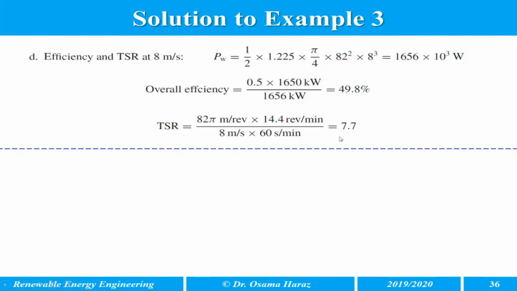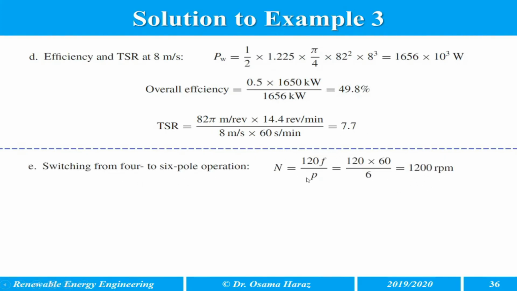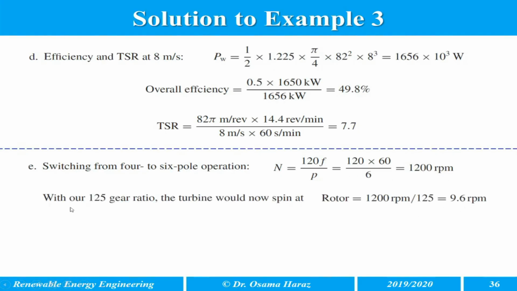the new TSR. Switching from 4 pole to 6 pole will change the speed from 1,800 to 1,200 RPM. Then with our 125 gear ratio, the rotor speed will be 1,200 RPM over this gear ratio, and you get 9.6 RPM.